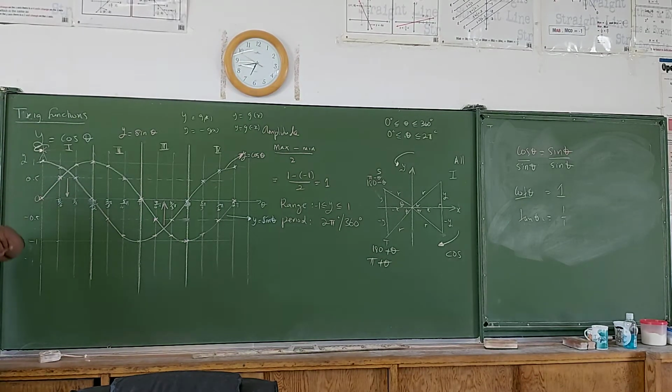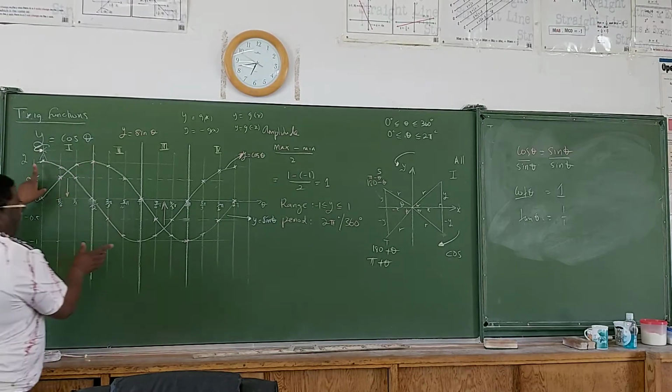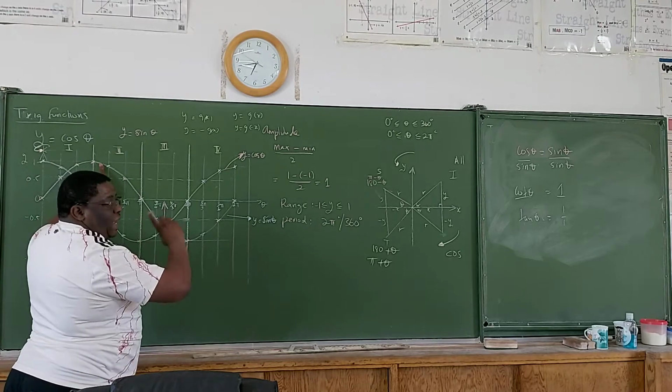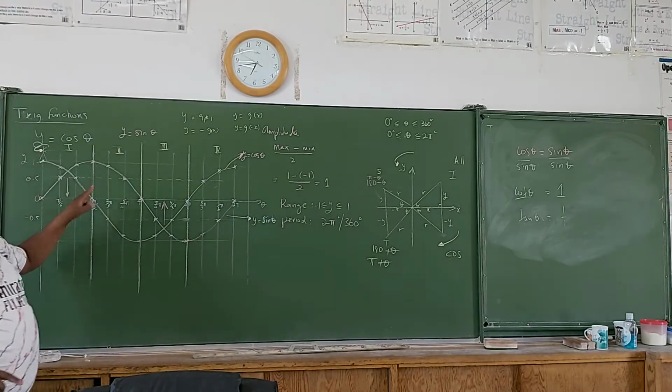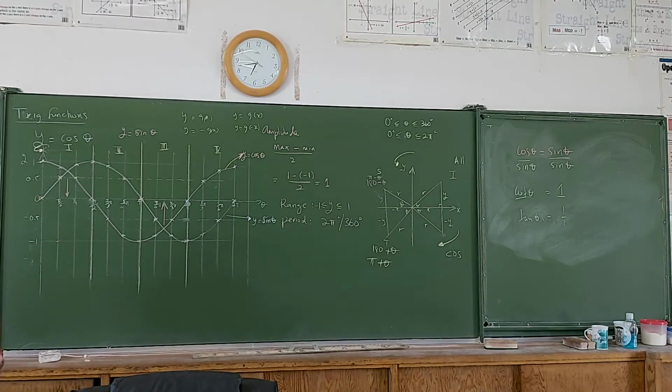Please pay attention because I was saying to the left. Now, if I shift the pink one to the right, this way it is here, it's going to be here. So if I shift the cosine 90 degrees to the right, it's exactly the same thing. Is it not so?